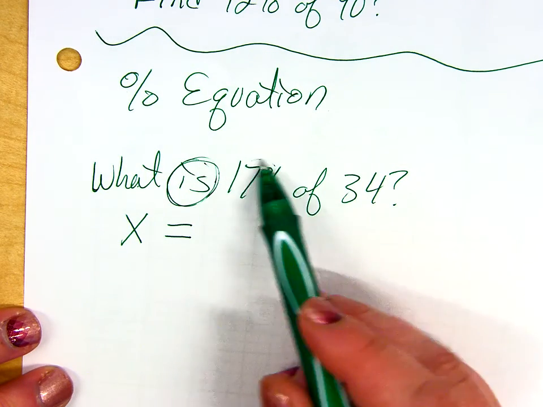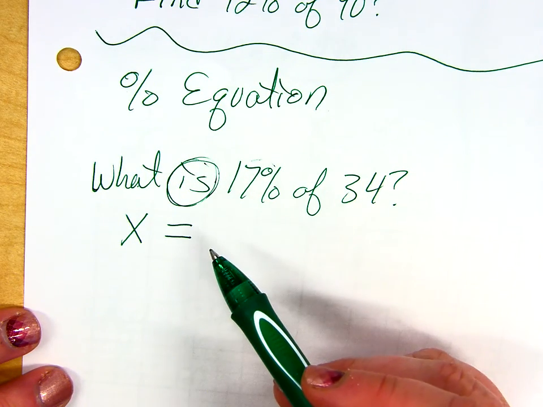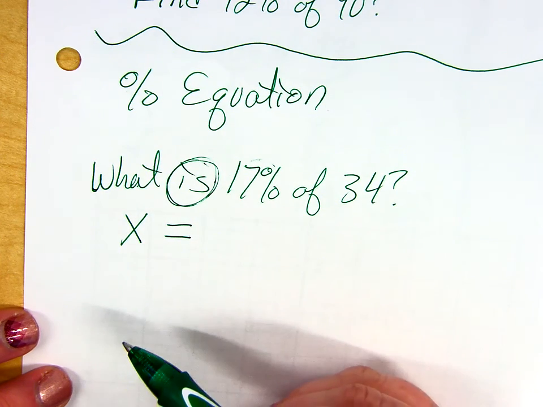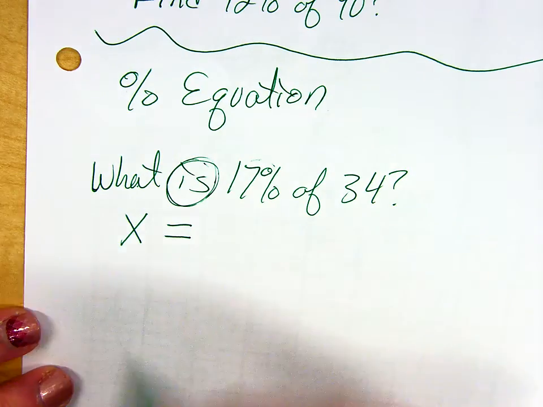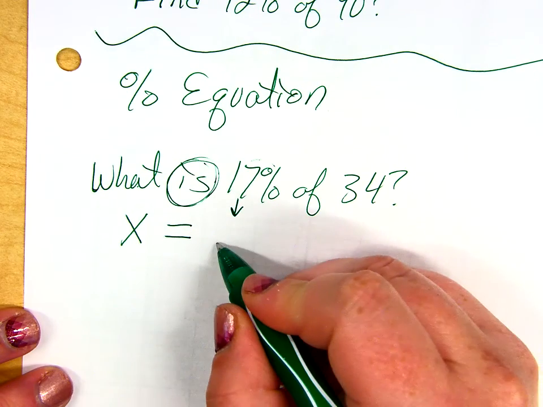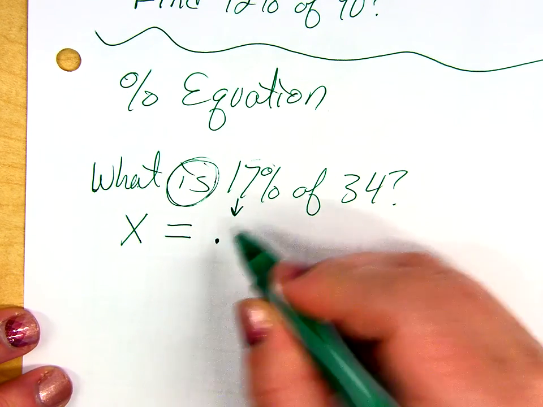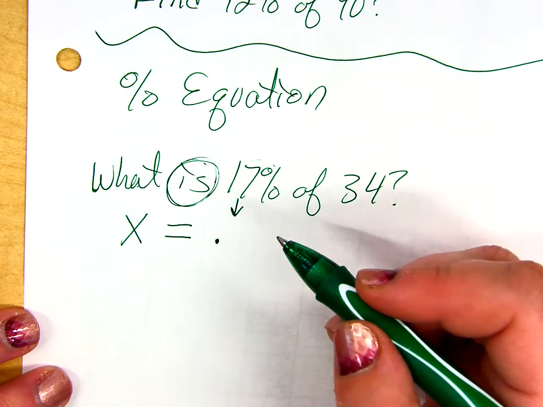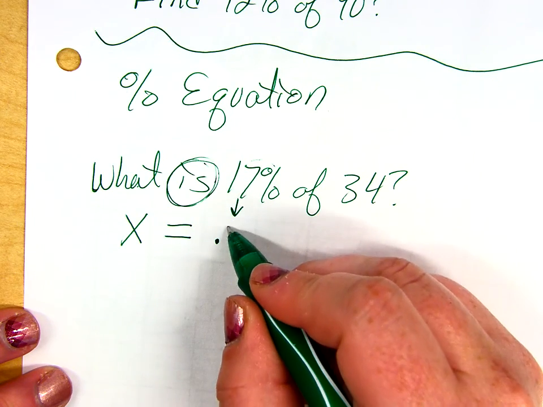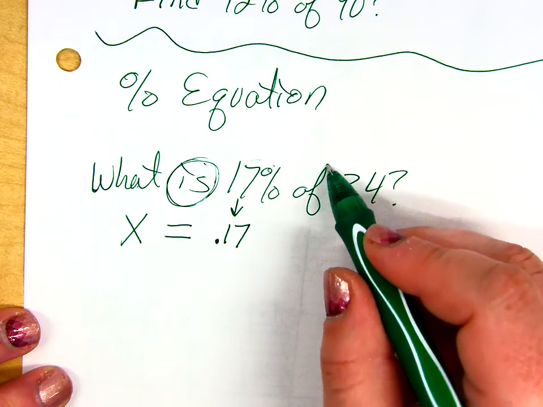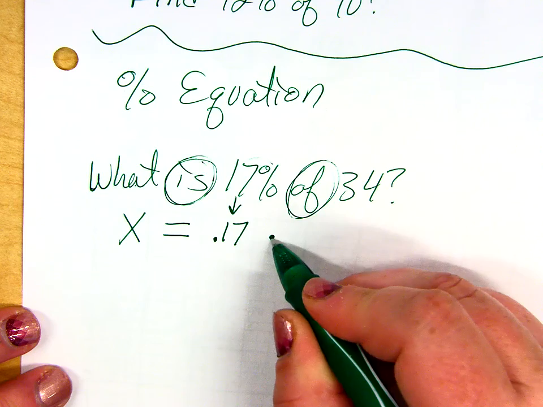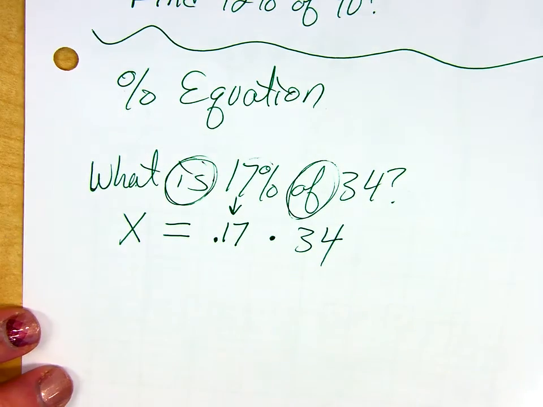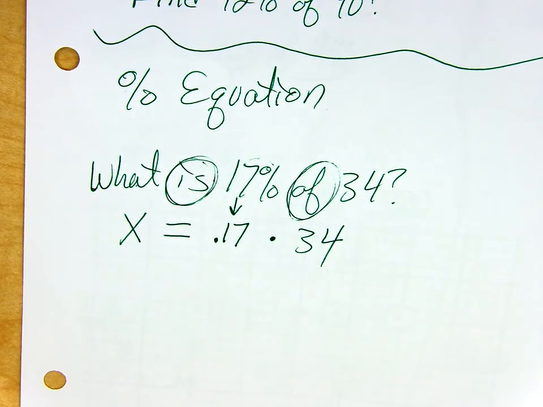And then I take 17% and I just change it into a decimal. That is one part that I don't like, is that now you have to worry about converting. I don't think any of you are going to use this. But anyway, if you were, 17% as a decimal is what? 0.17. And then what's of in math as a symbol? Multiply. So you can get the same answer by just doing 0.17 times 34. And you're done.